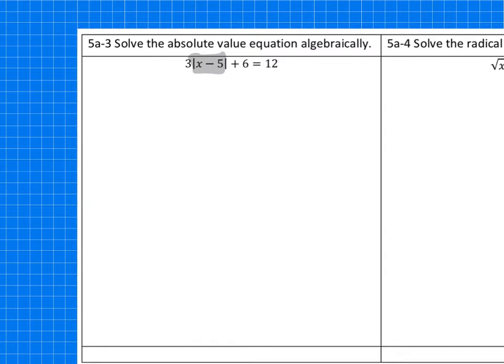So the things you need to get rid of are the 6 and the 3. Anytime you are working with the order of operations, parentheses or grouping symbols, exponents, multiplication and division, addition and subtraction, when you are evaluating, so just plugging in a number and doing the math, you go that direction.